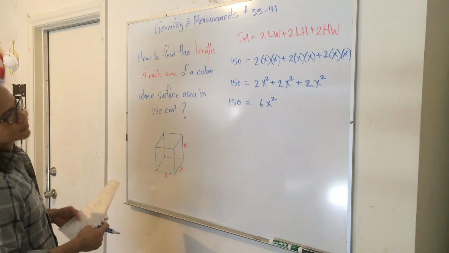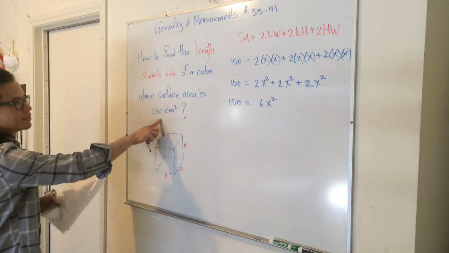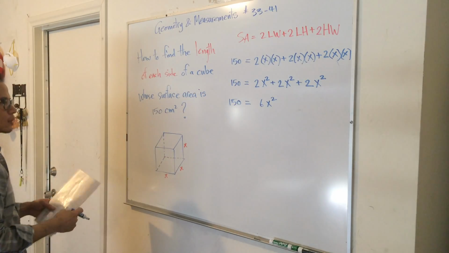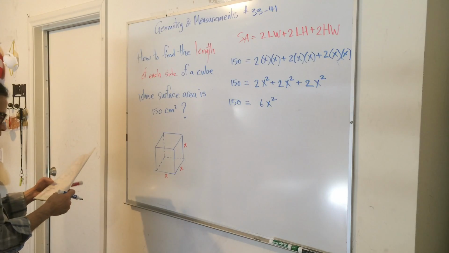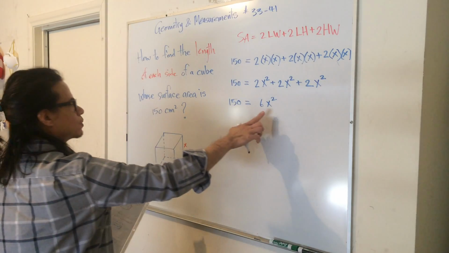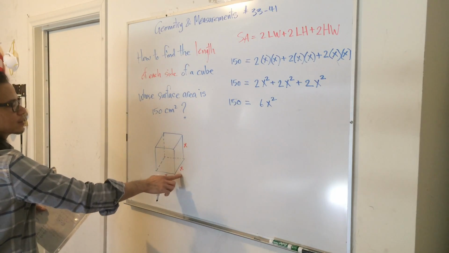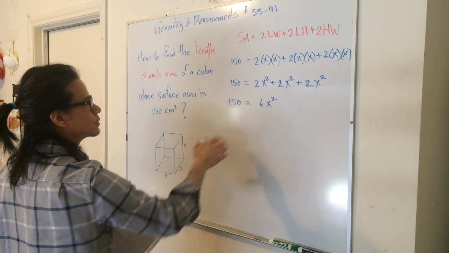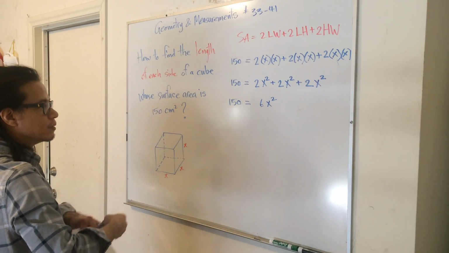Okay? This is where I got the surface area from. And then, since we want to know what x is, we're going to have to isolate x. So let's get x by itself.